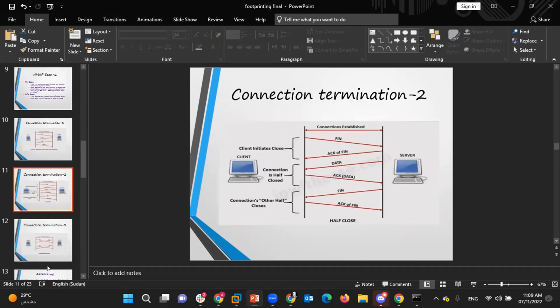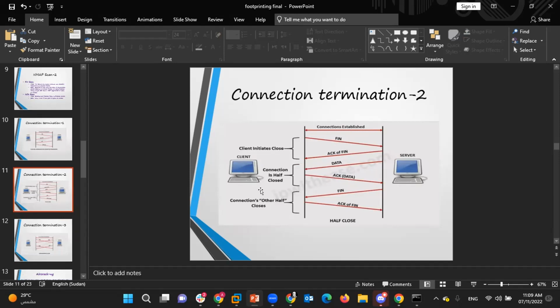We have another type of FIN ACK process, or FIN termination, or FIN packet sending and receiving. Okay, this is called half close. In this type, the connection is established also. In all of these types, the connection is established. But in here, the client asks the server to close this connection.